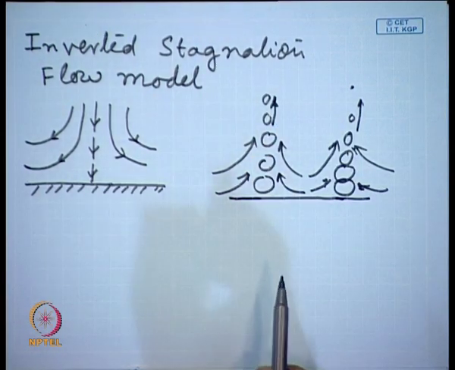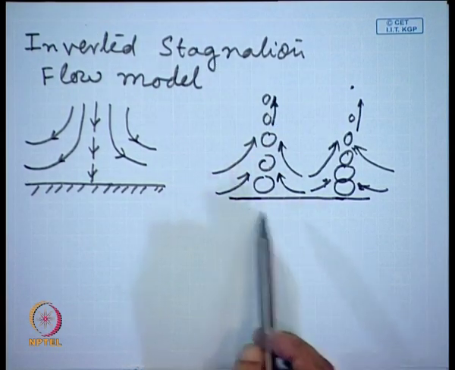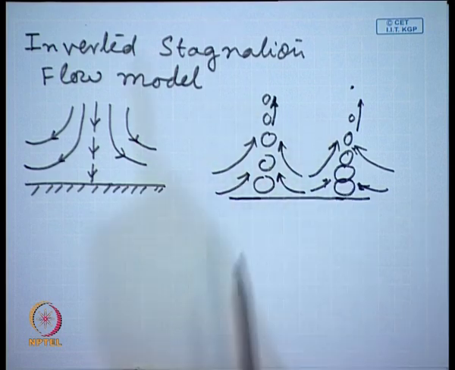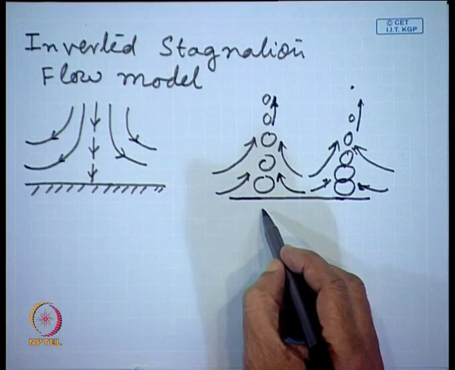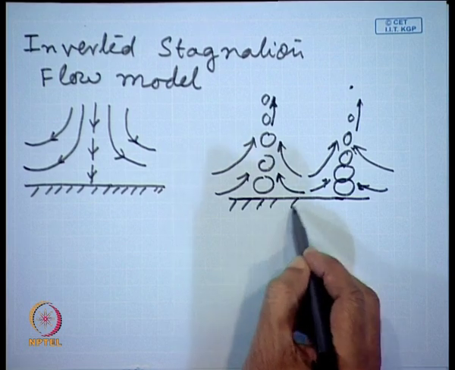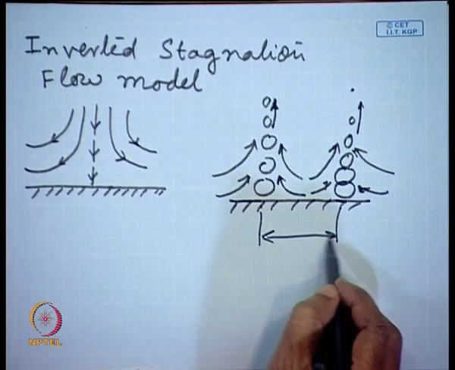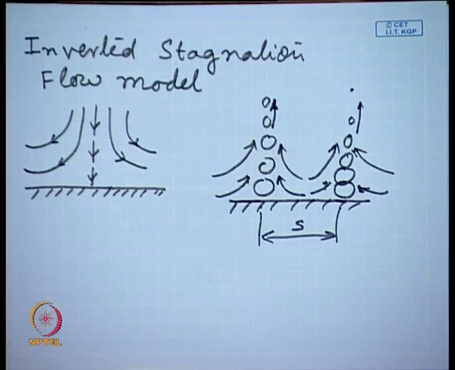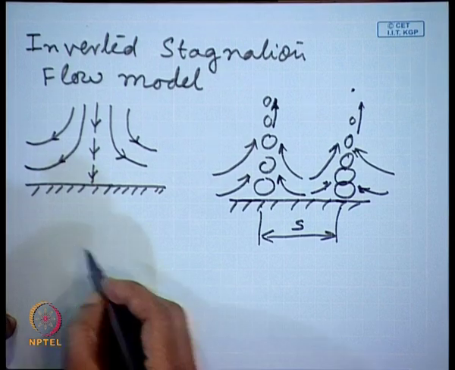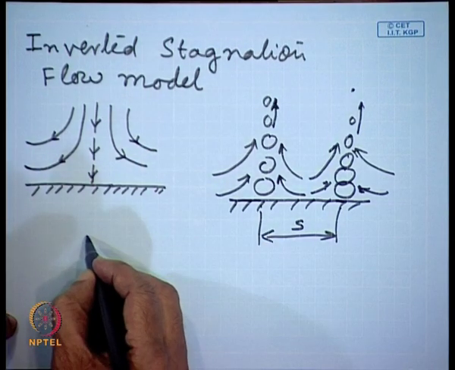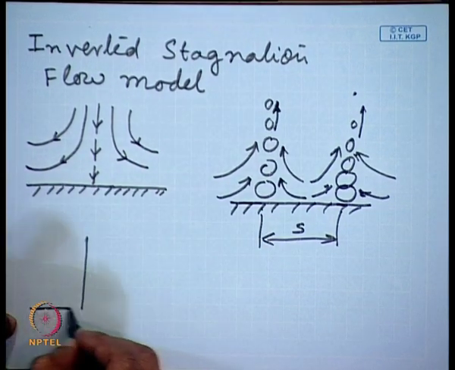So, it will draw fluid like this. So, you can see that this is the reverse of stagnation flow, and we can assume that this is your S, the distance between these two is S. So, we can think of some sort of idealization.